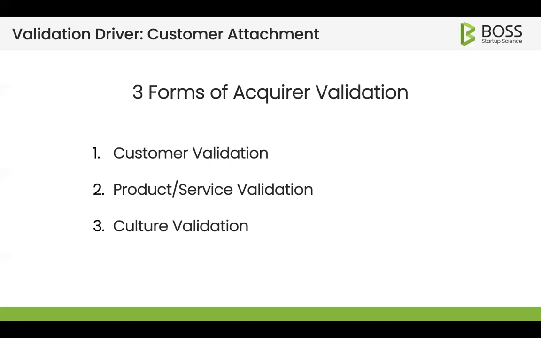And then third is culture validation. Now, this isn't as much about the personalities of individual people, but going back up to product, price, and experience, choosing what your advantage is. The advantage helps you identify and typically breeds your culture, right? If you are a company that has a product advantage, a certain type of profile, a certain type of people with certain types of personalities are likely going to be more frequent within your company, right?